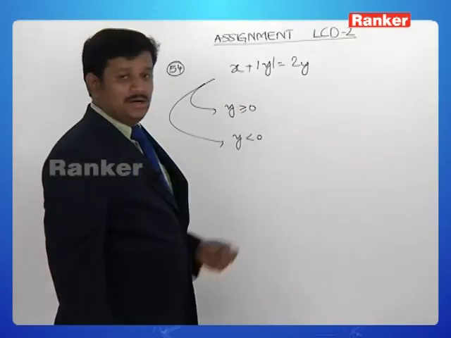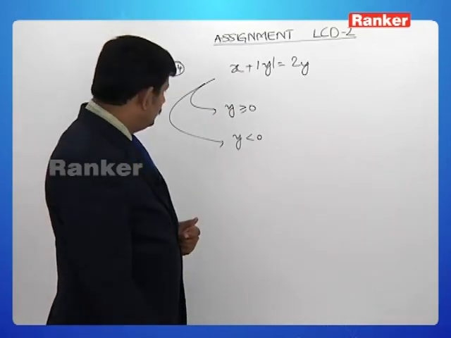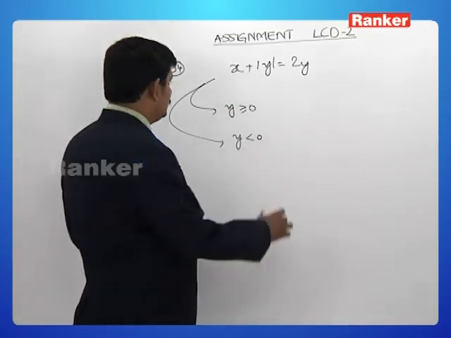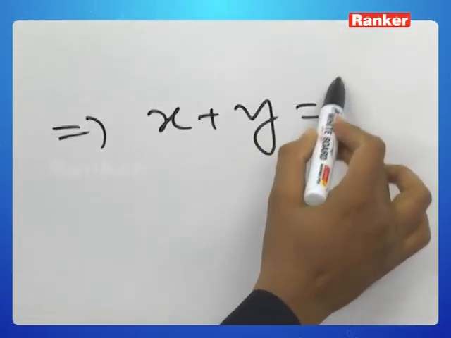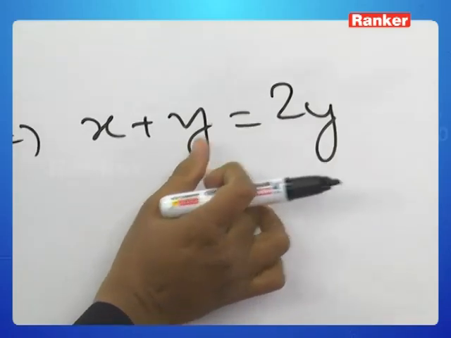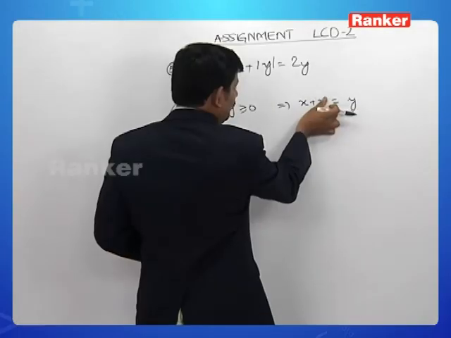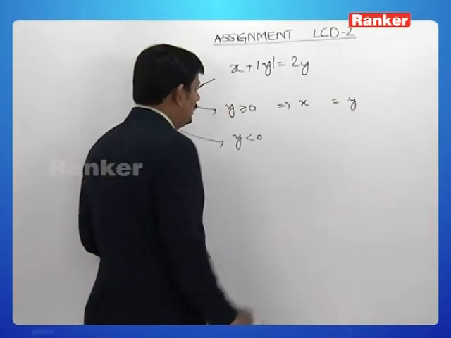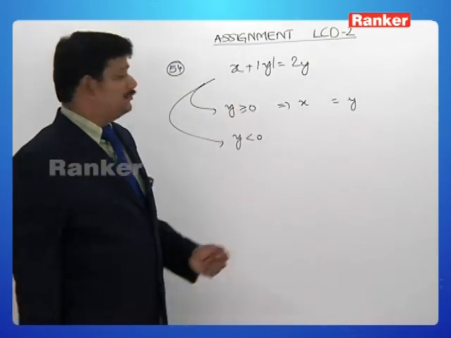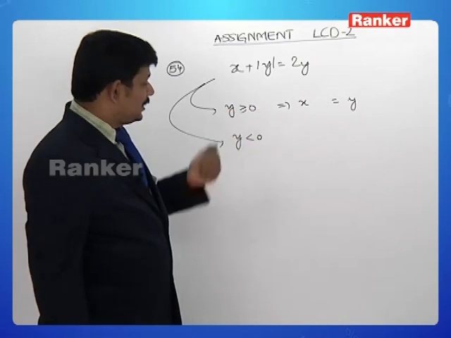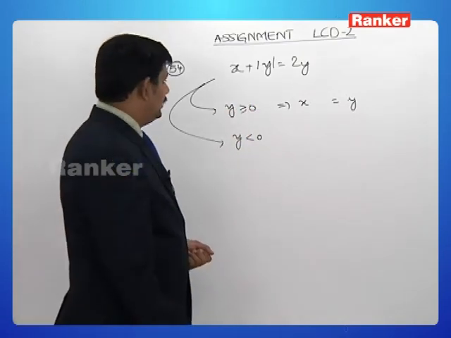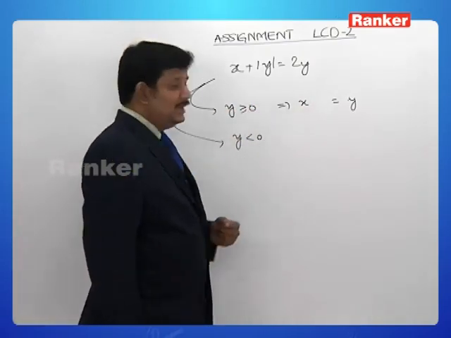If y is greater than or equal to 0, x plus y should be equal to 2y, or y and y gets cancelled, y should be equal to x, and y is positive implies x is positive, y is 0 implies x is 0.